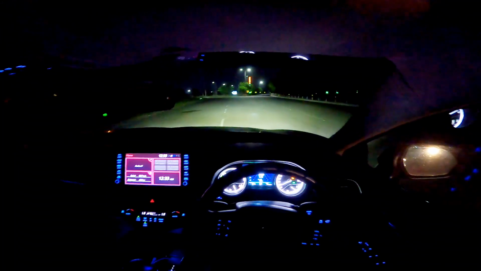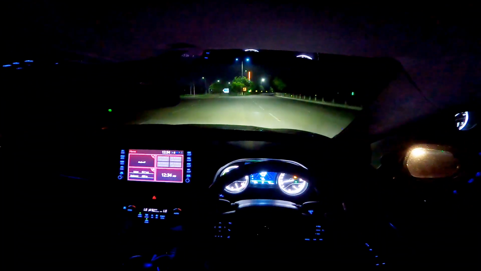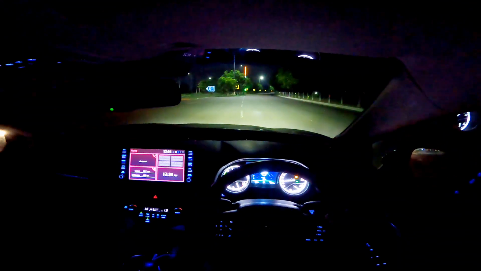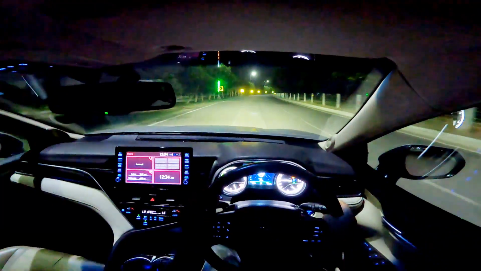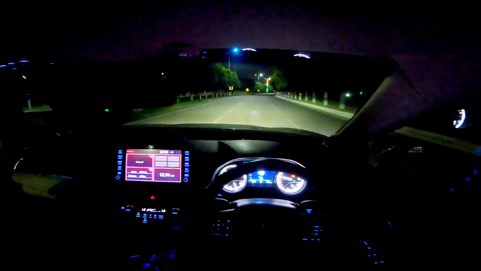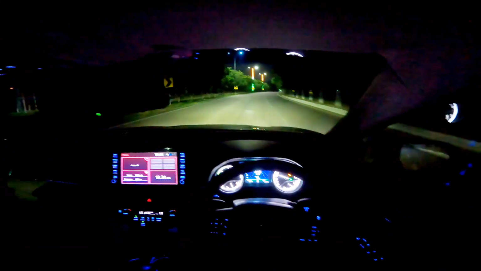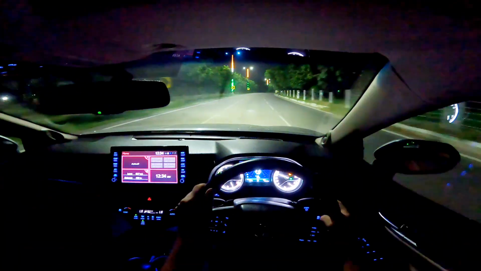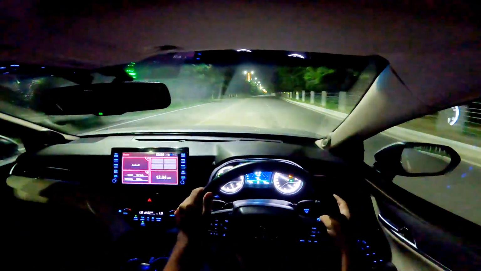I'll try to find a pitch black spot as well, so that you get a better idea. This is a well-lit road.